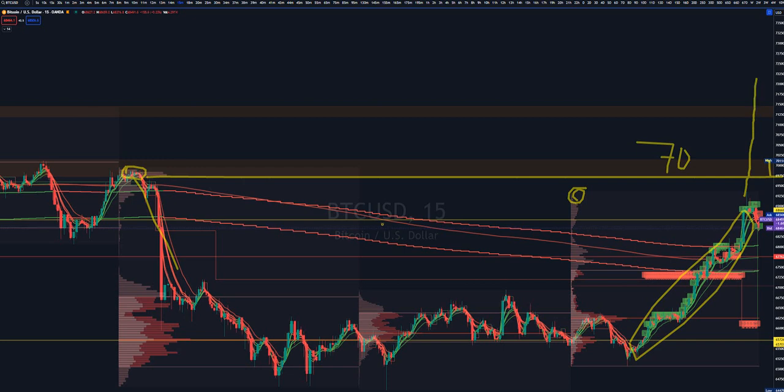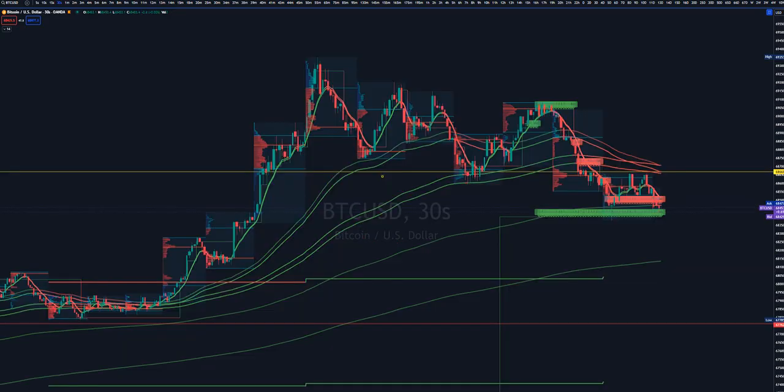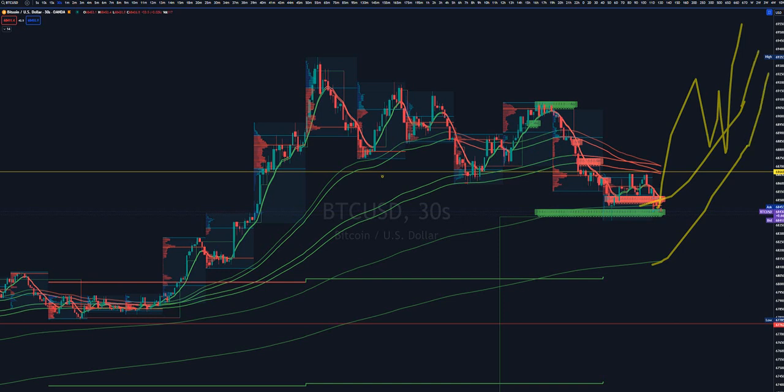Why? Because then these EMAs will also move higher, right? These are the big EMAs. So let's say the market makes this move, right? These EMAs are going higher, the market comes down, and we get this price.